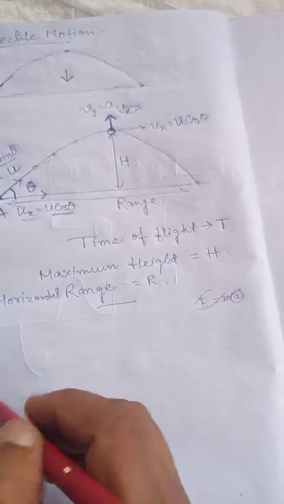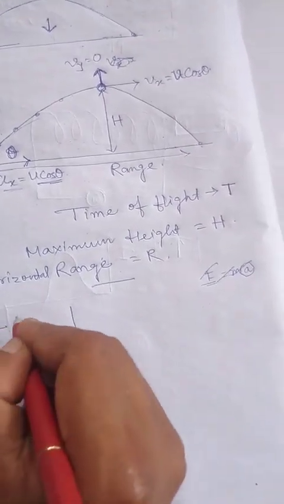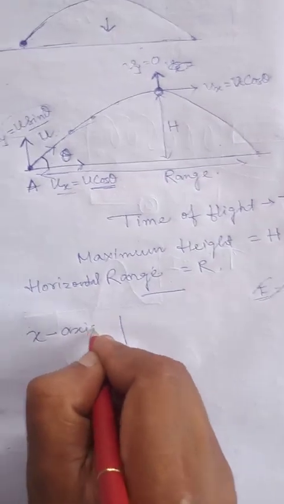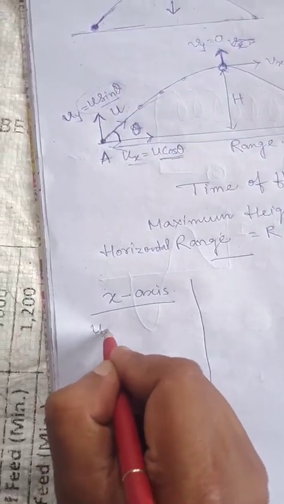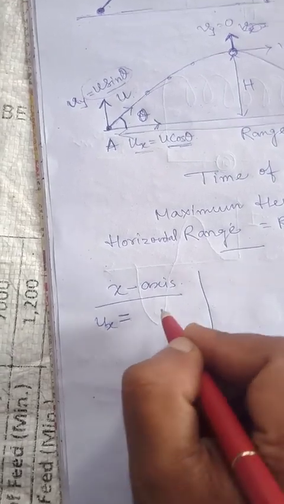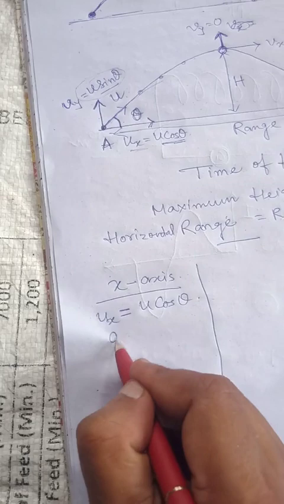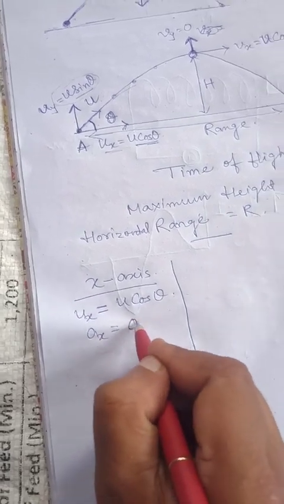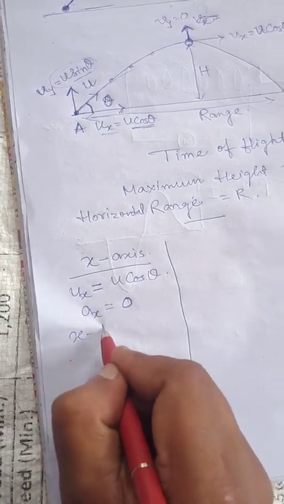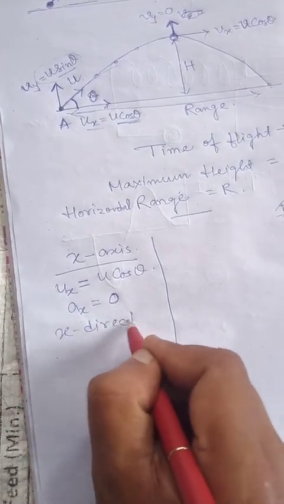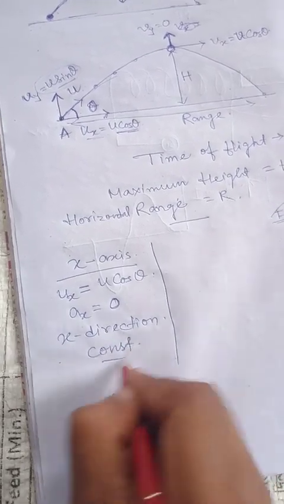If we consider the motion along the x-axis, we can say ux, that means the velocity of that body, is equal to u cos theta, and the acceleration in that direction is 0 because there is no force. So the x-direction velocity of that body is constant.